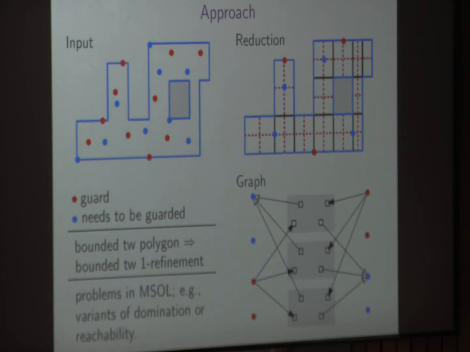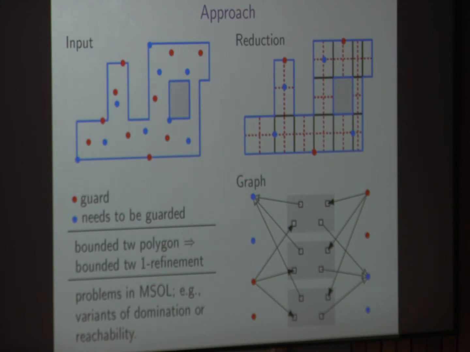The reason we do that is because after that, we want to take or construct a graph based on those points. And they are related to the number of vertices in the graph, so we want them to be bounded, so we get a bounded graph. And for this graph, we show that if your polygon has bounded Treewidth, then this graph that I constructed below here has also bounded Treewidth. And our guarding problem becomes some graph problem in this bounded Treewidth problem.